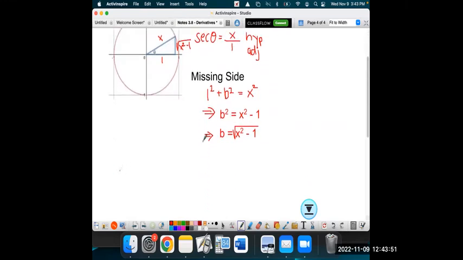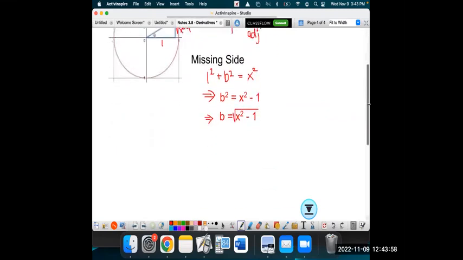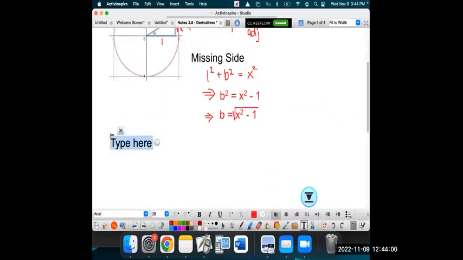So if I want to know the derivative of secant inverse, since that's my inverse function, I'm going to say let that be g of x. And that's also the one that I want to know the derivative of.